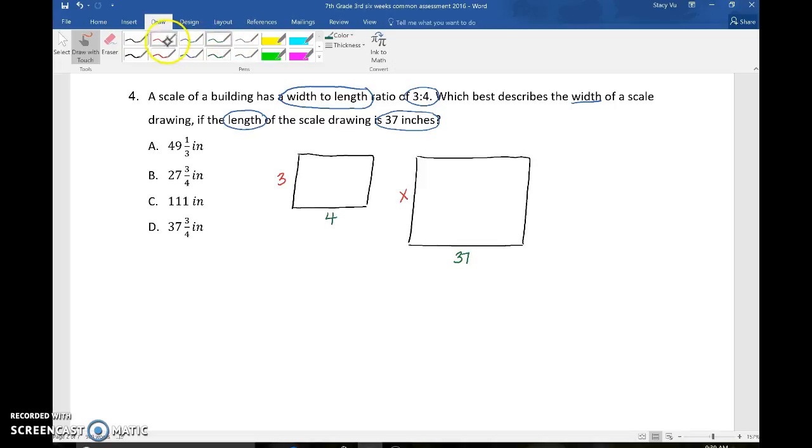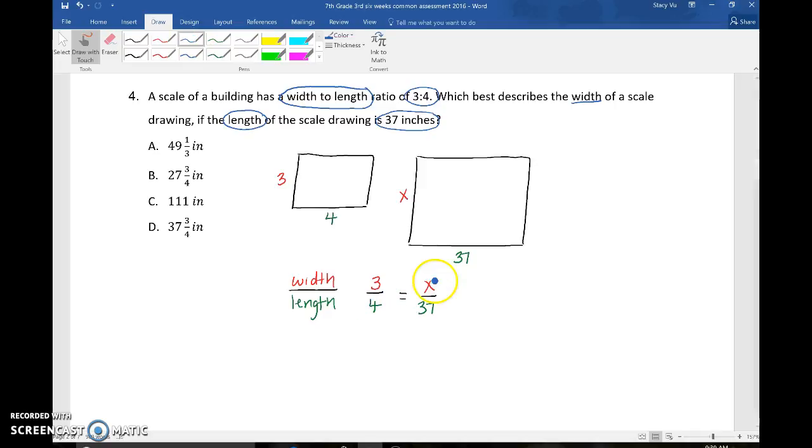So our ratio is going to be width to length, and this is just like if it was inches to feet. So then we're going to set up our proportion, and we can do the width is 3, or x, and then the length is 4, or 37. So now we're going to go ahead and do our cross product.